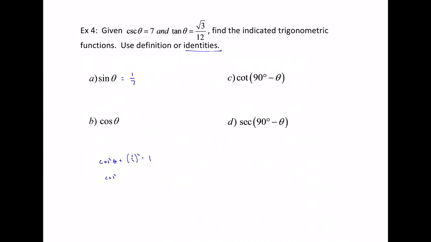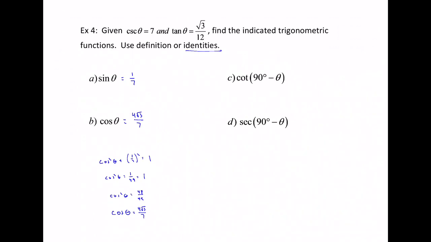So cosine squared of theta plus 1/49th is equal to 1. And then if you subtract, that would give you 48 over 49. Take the square root of both sides, and the square root of 48 would be, let's see, square root of 16, so that's 4 square roots of 3 over the square root of 49, which is 7. So cosine of theta is equal to 4 square roots of 3 over 7.